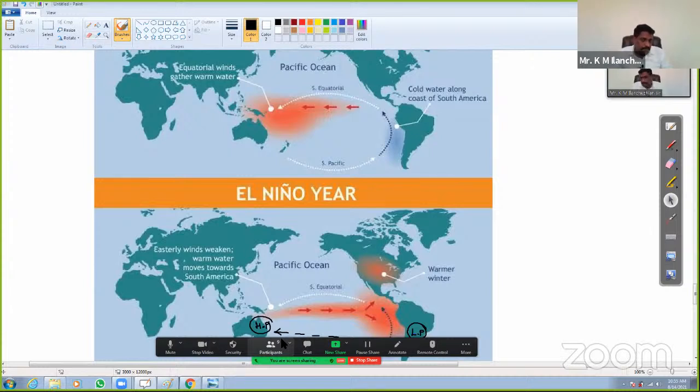Further, you can write: during El Nino, a low pressure gets developed over the Peruvian coast, and relatively a high pressure gets created over the Australian coast.